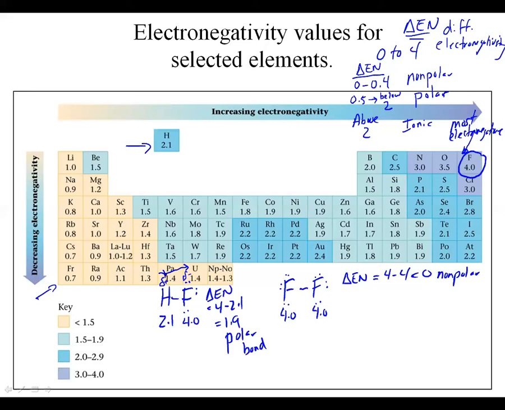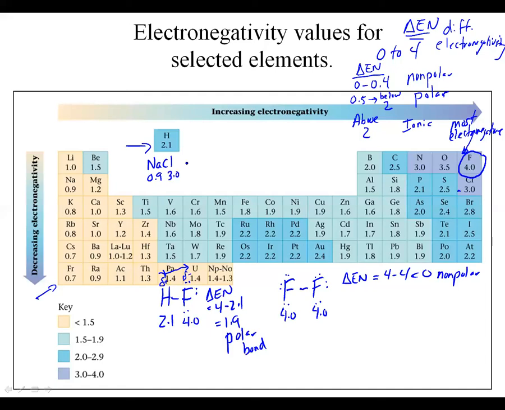We could also look at something like sodium chloride, which is a metal and a non-metal. When we look at sodium on the electronegativity table, it has a value of 0.9 for its electronegativity, and we look at chlorine, which I scribbled on over here, is 3.